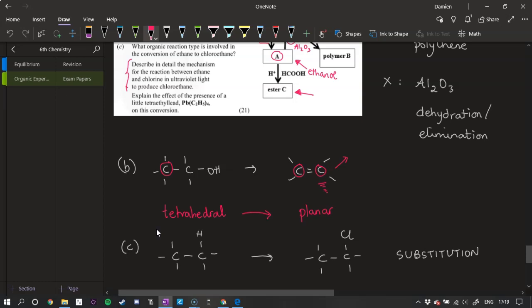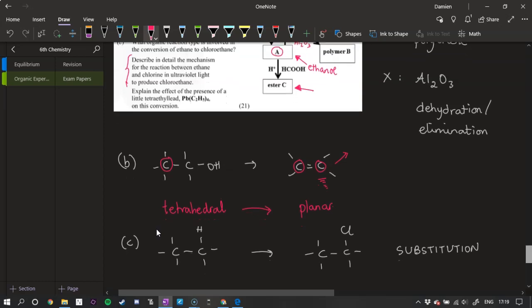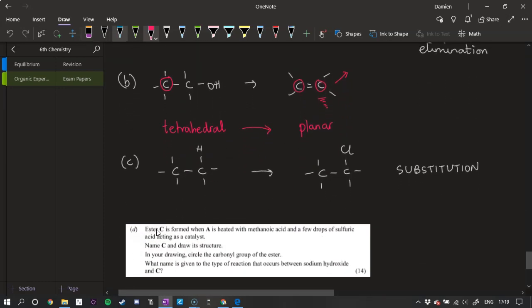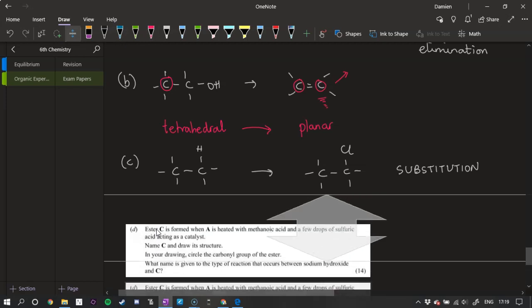Explain the effect of the presence of a little tetraethyl lead, which is Pb(C2H5)4, on this conversion. Let me make a bit more space.